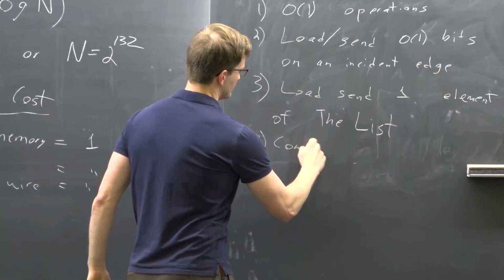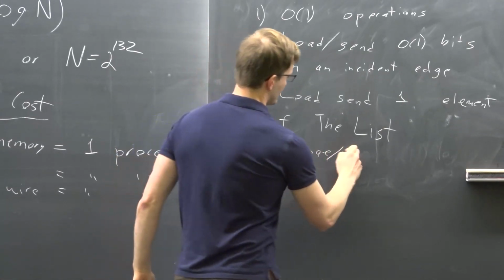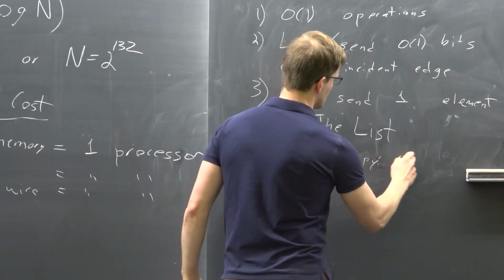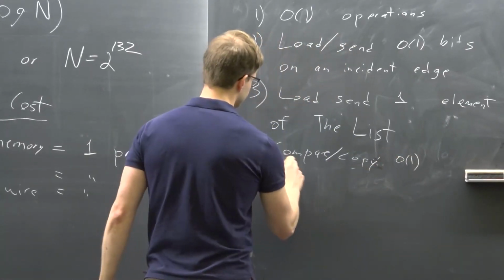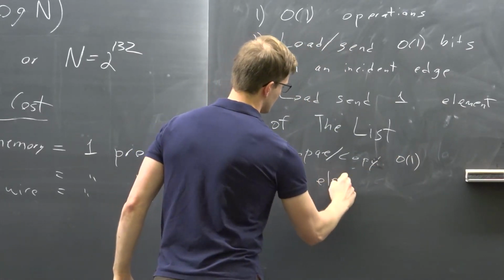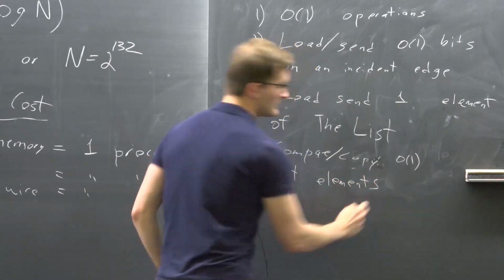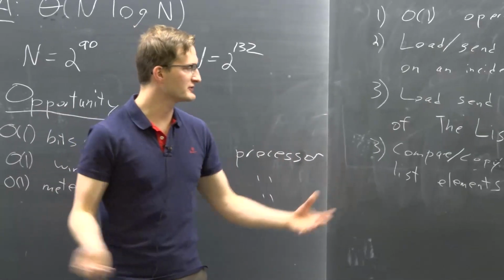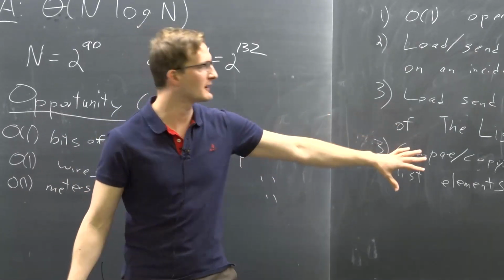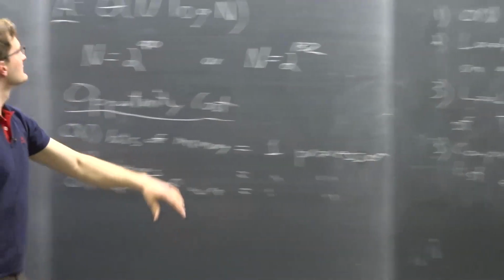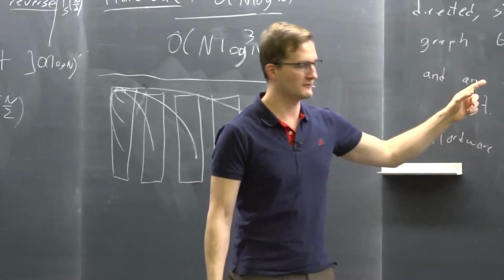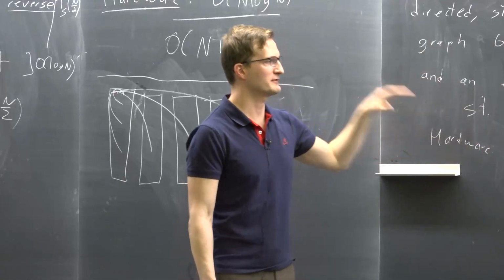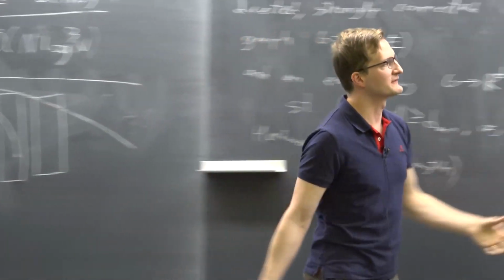And I'll say compare / copy, O of 1. So this is avoiding exactly this problem where maybe you can do some sort of integer compression or something. I want to say you can only compare and swap. Because my goal with all of this is defining this in such a way that I can show that there is actually a lower bound on the hardware time cost of sorting based on the geometry of the computer.